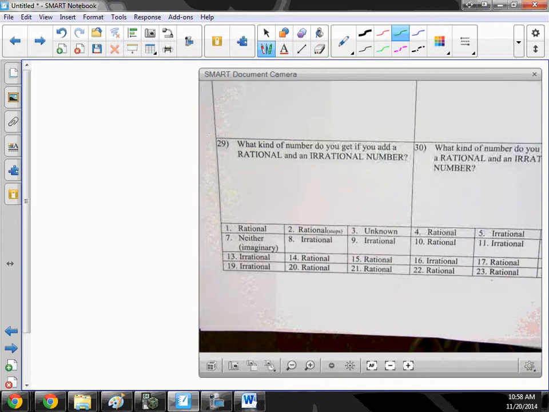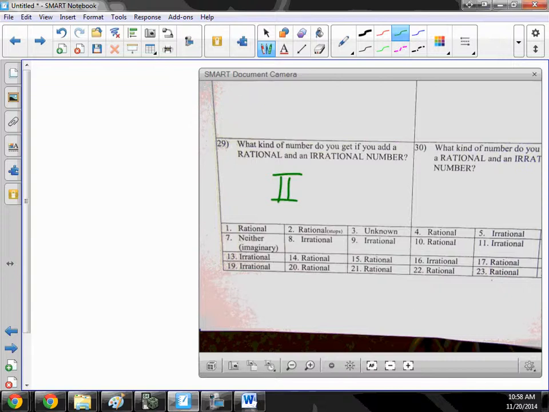So what if I add a rational and an irrational? If I take a stopped decimal and multiply it by an irrational, or add it to an irrational decimal, my new decimal will be irrational. What if I take a repeating and add it to an irrational? Still be irrational. So this one is I, and the next one's kind of tricky.